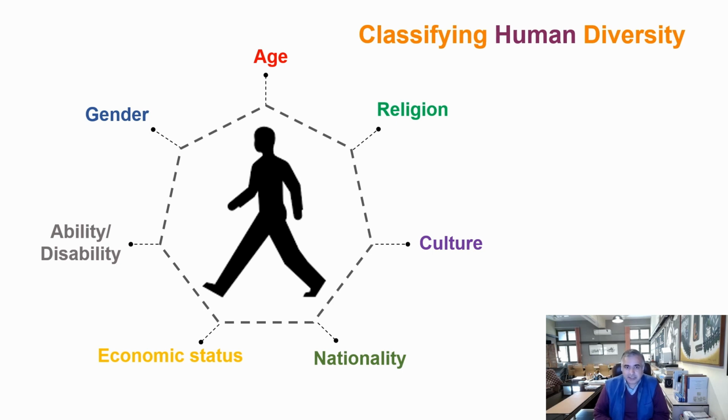Every human has a certain age, a background of faith that he or she believes in, a gender, and definitely diverse levels of ability in different contexts, some of which could be functional limitations, and also represents various cultures, economic status, and nationalities. But they are all part of one human.